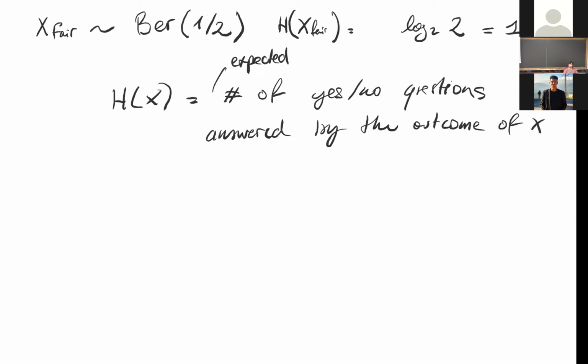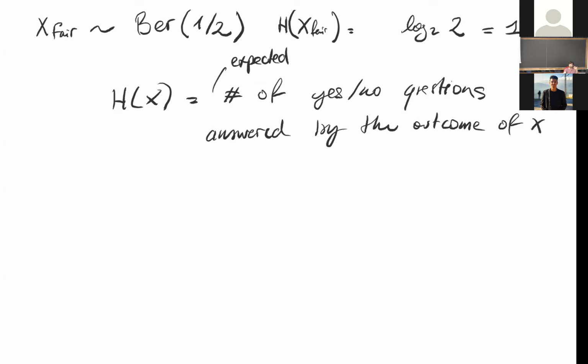So the information you gain can be seen as a series of answers to yes-no questions, a series of results of outcomes of a coin. So another nice interpretation of the entropy is exactly this: the number, in expectation, of binary questions that have been answered when you observe a given outcome. Or equivalently, if you place yourself before the actual observation, it is the expected number of binary questions you need to ask in order to predict in advance the outcome of this random variable.